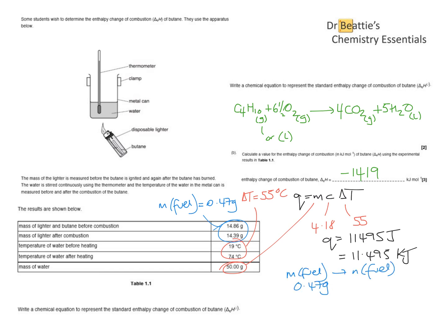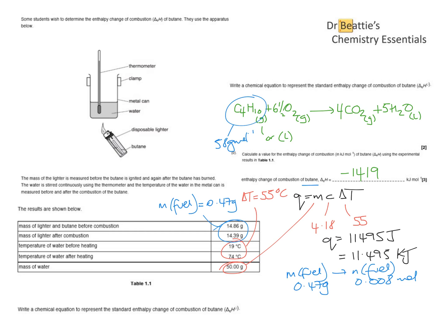And number of moles is mass over the MR. Now we know we've been using butane, so we're going to use what we worked out earlier, C4H10, as the molecular formula. So this ends up being 58 grams per mole. So we're going to take our mass, divide it by 58 to get our number of moles of the fuel.